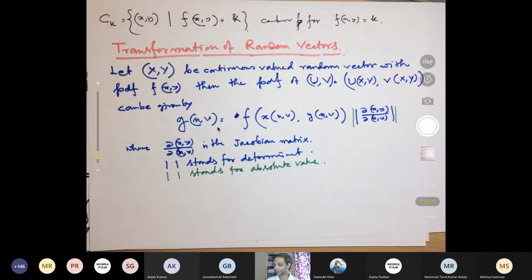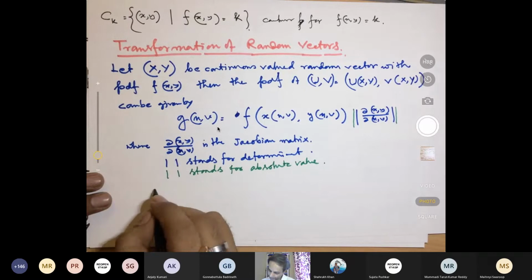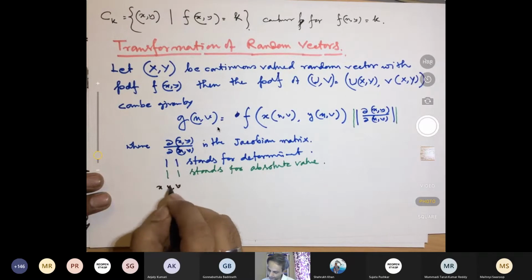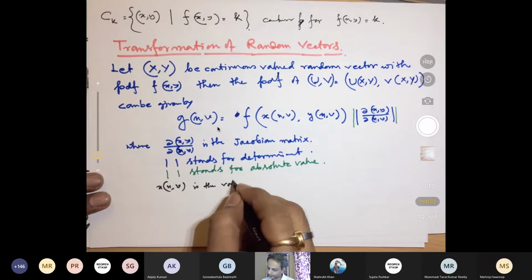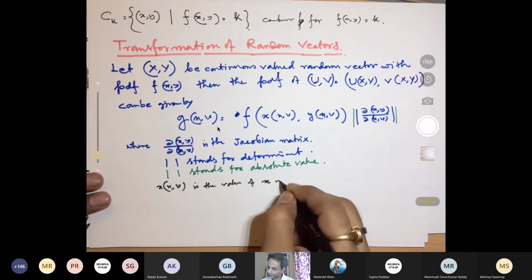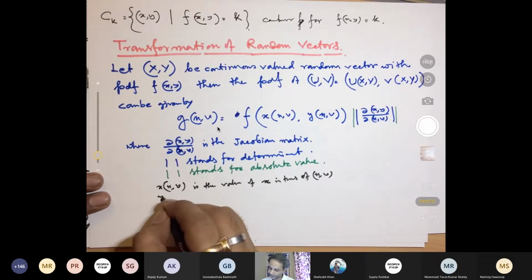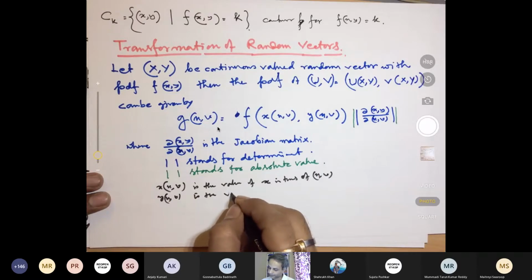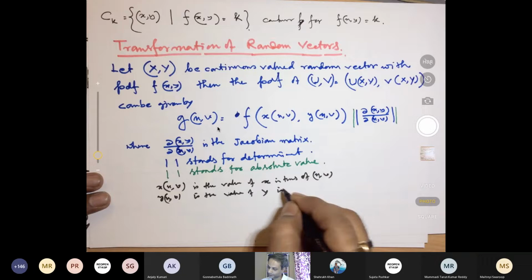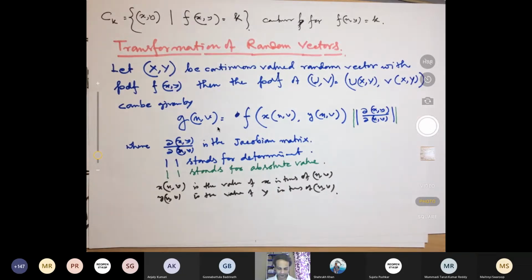Now, we should also write x(u,v) as the value of x in terms of u and v, and y(u,v) as the value of y in terms of u and v. So can you please tell me what exactly the Jacobian gives to you?